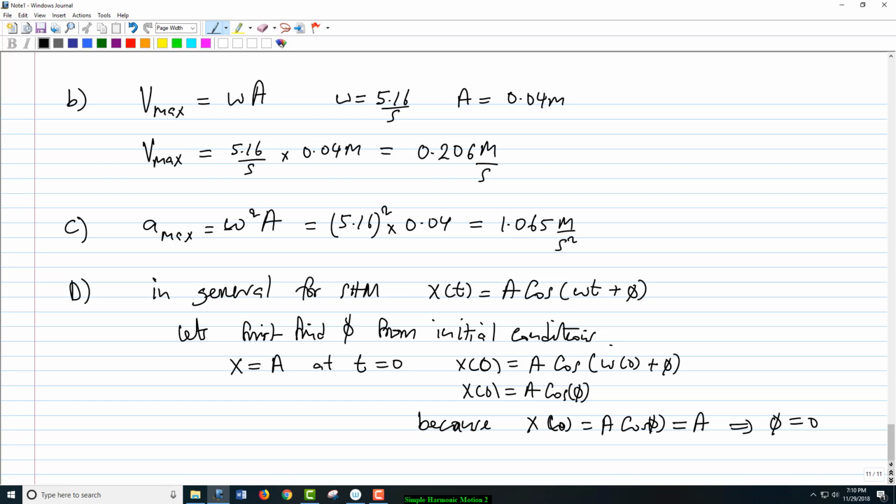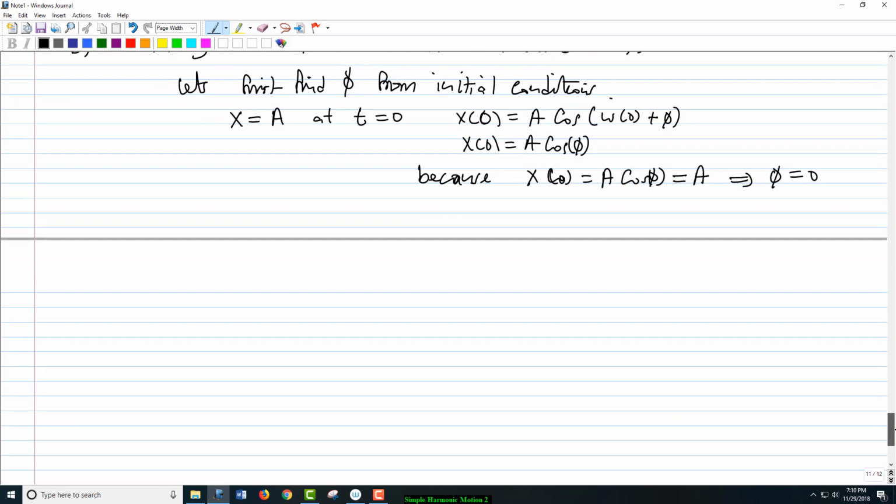So to start off, we can now say that with our displacement x of t, now plug in what we know. We know first of all that A is equal to 4 centimeters. We also know that omega is equal to 5.16 rads per second, which we calculated.